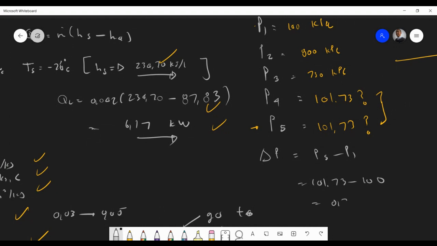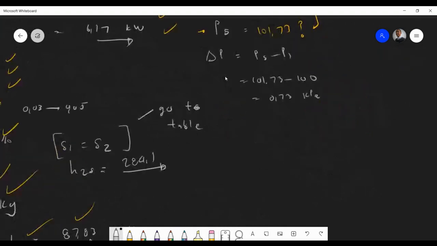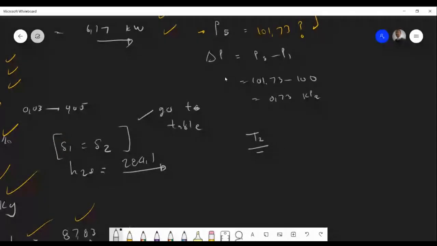You should get obviously 0.73 kilopascals. You guys get that? So that's how you find it.